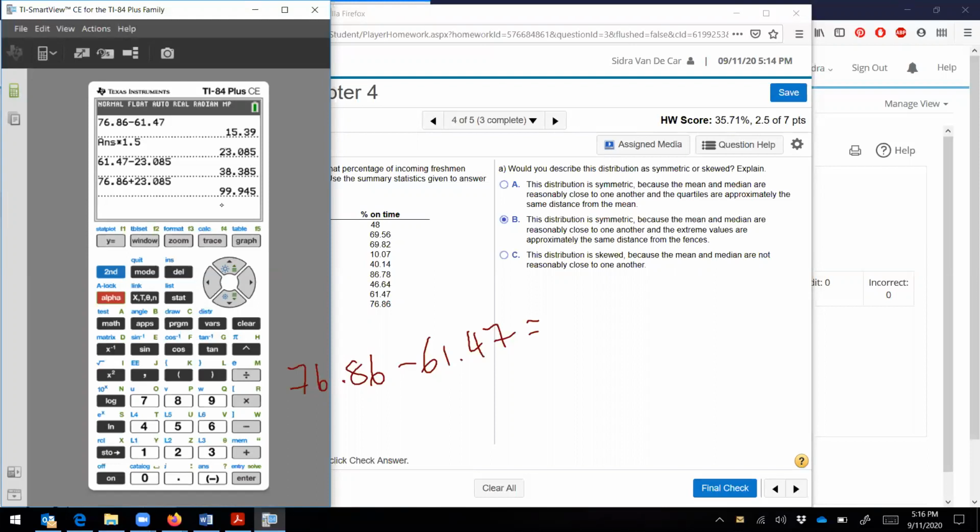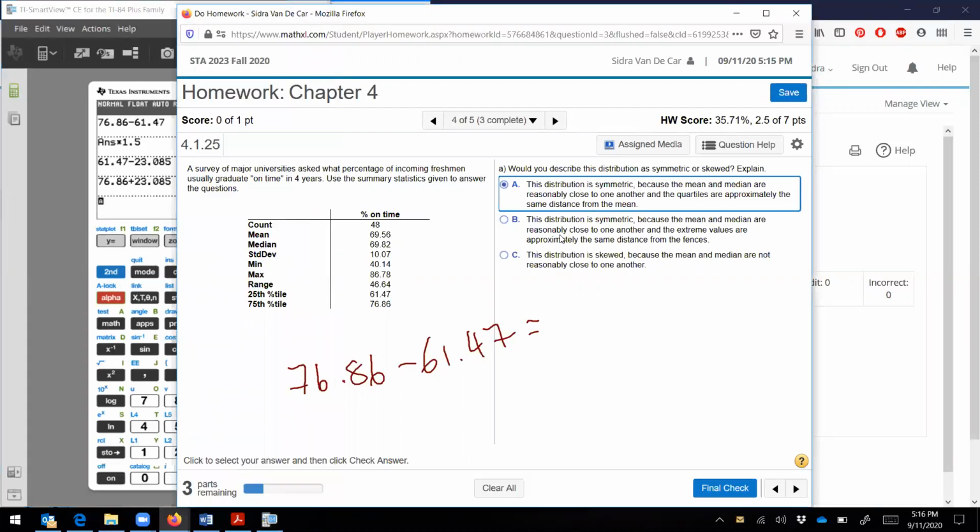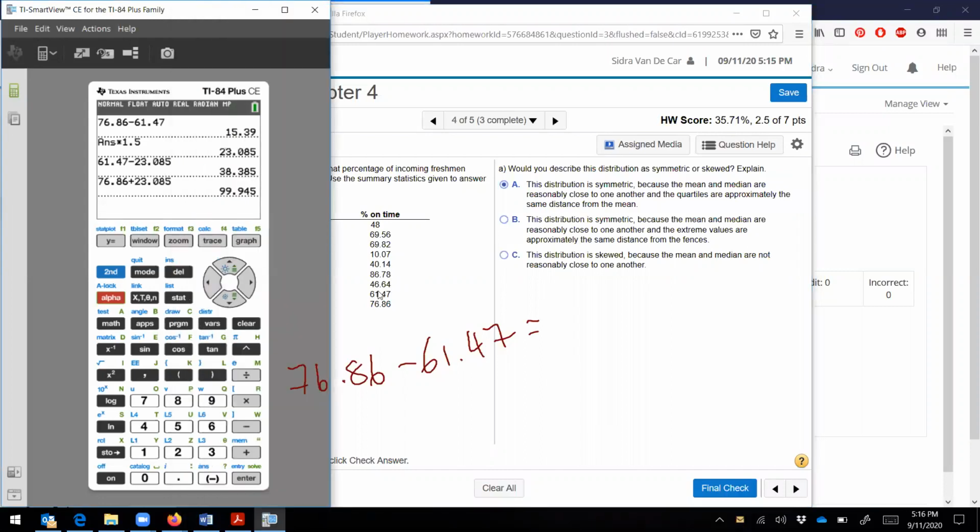So we're relatively close, but it looks like those quartiles are about the same distance from the mean. Our extreme values, 40 compared to 38, so this 40 is inside my fence. And the other one, 86, is inside this fence.